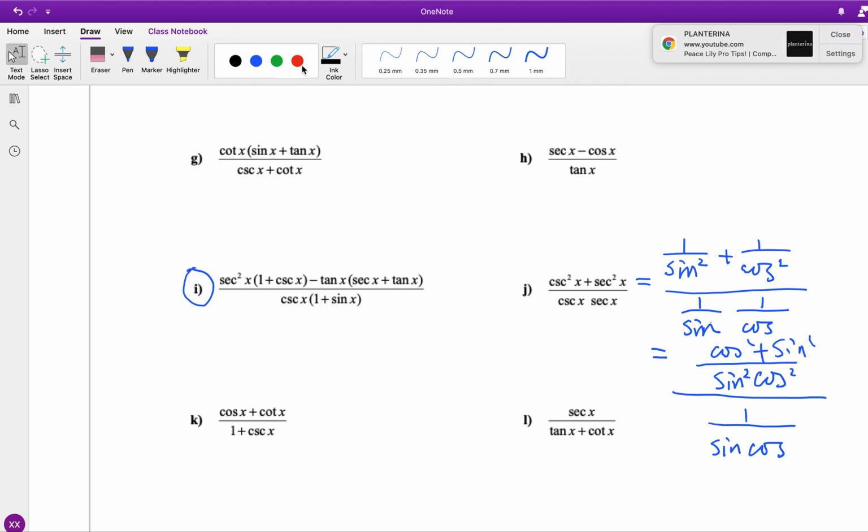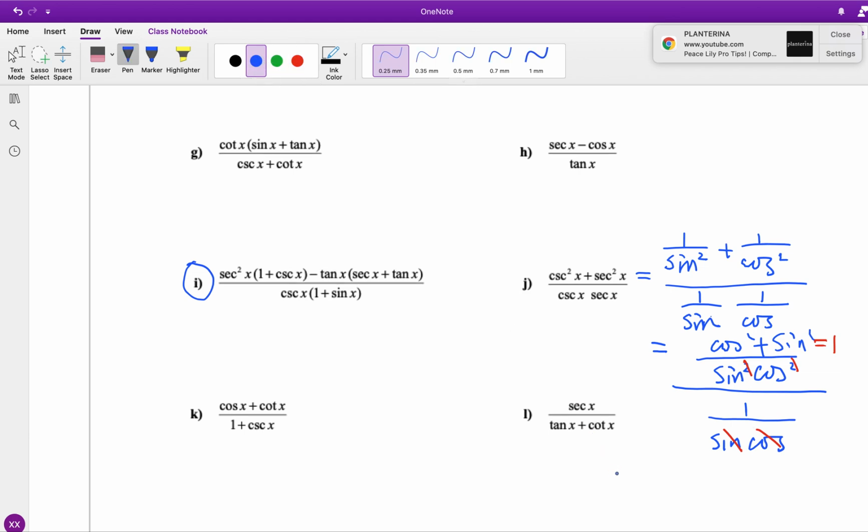Because this one equals 1. Now with these two denominators, this one cancels with that, and this one cancels with that. So in the end, what do we have? We have 1 over sine and cosine.